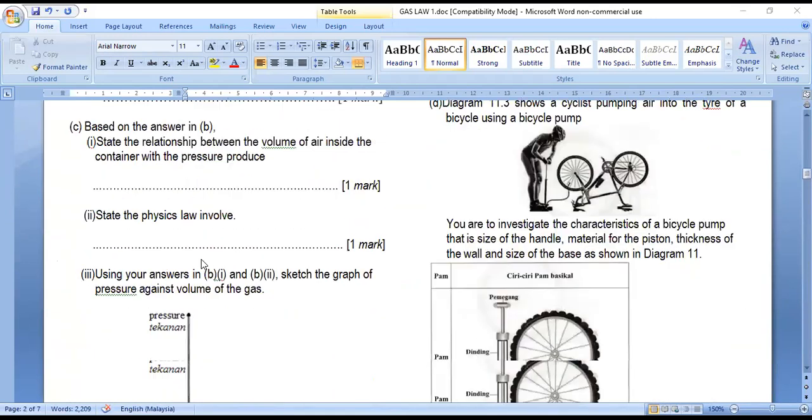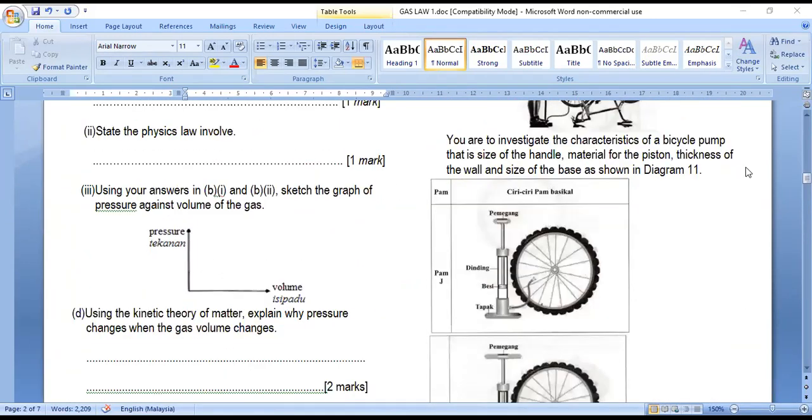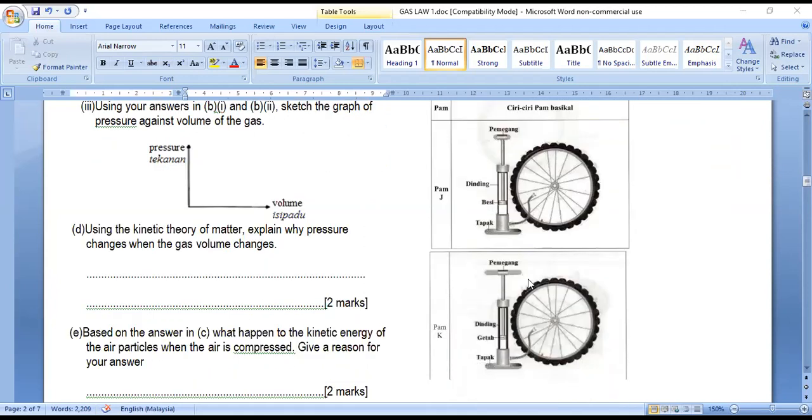Okay. So what we are supposed to talk about is the size of the handle. So the handle can be small or big. This one you can answer in table form. So we have the characteristics, and then here will be the reason.